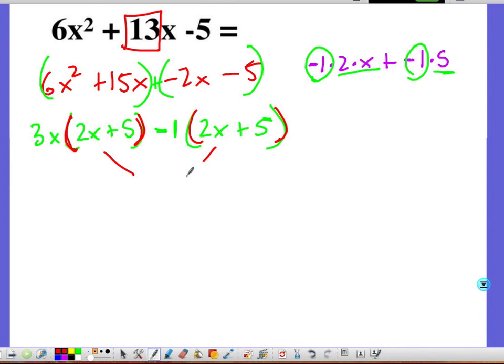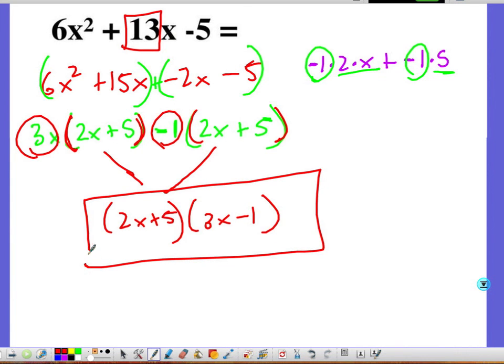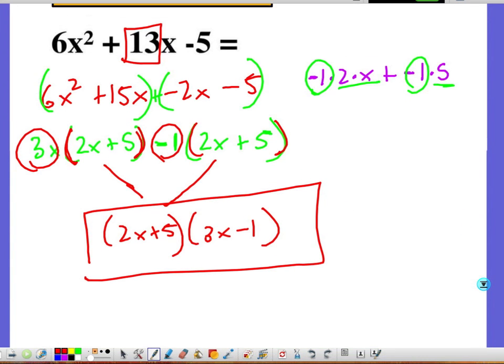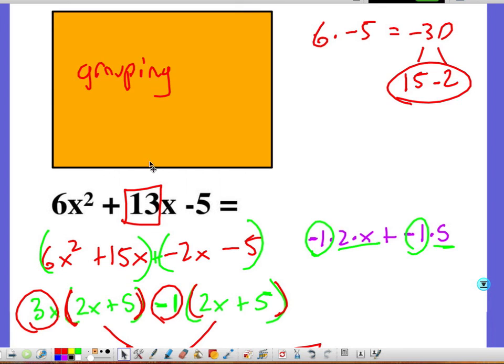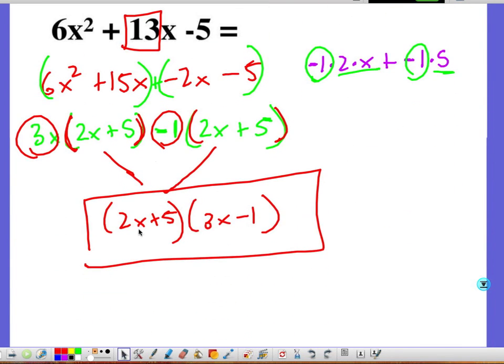So what happens is that these two parentheses combine as 1, 2x plus 5, and whatever's outside goes into my next parentheses, which is 3x minus 1. And there you go. Those are my two parentheses. So instead of using the box method, we can also get the correct answer by using the grouping method, which is what we did here.